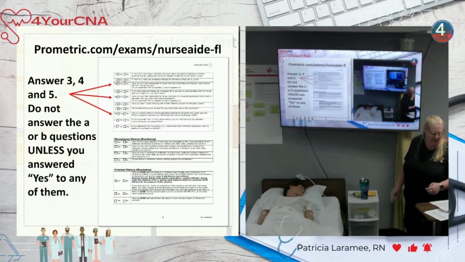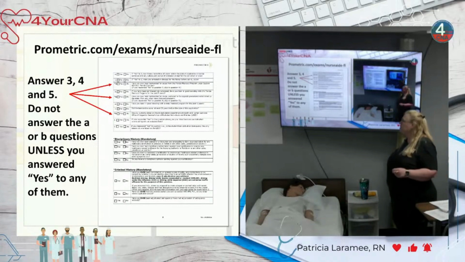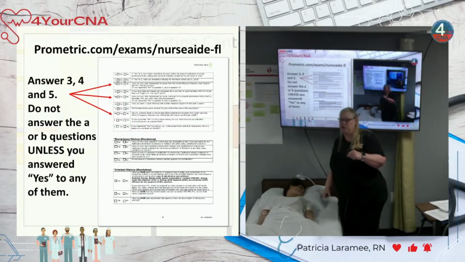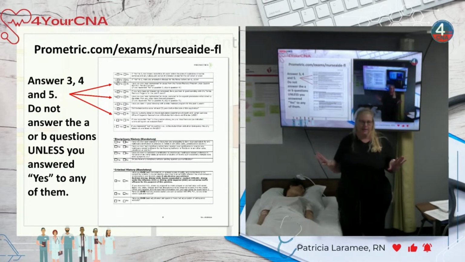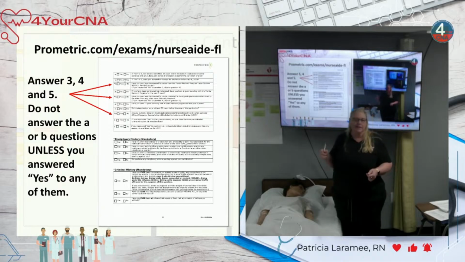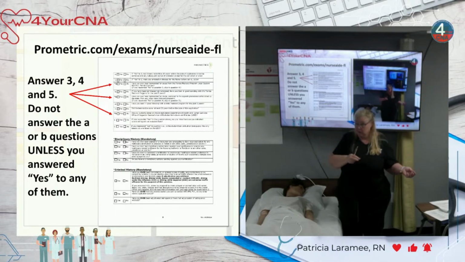3, 4, and 5 all have to do with a very specific situation. So let me explain to you what the situation is, and you can decide whether it applies to you. This is all about Medicare and Medicaid fraud from a provider standpoint, not a user, not a beneficiary, a provider.